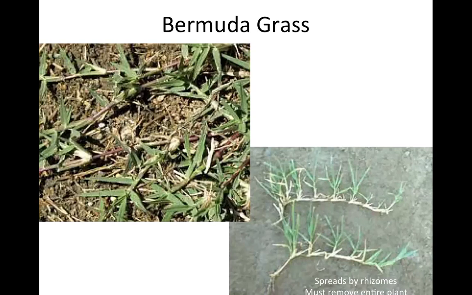It spreads through runners and can get pretty crazy pretty quickly. Some people try to pull it, but others need to spray it or smother it with cardboard, sheet mulch it. But it's a tough one to get rid of. That and sedges, nut sedges.